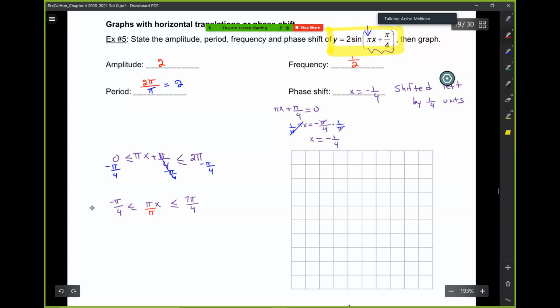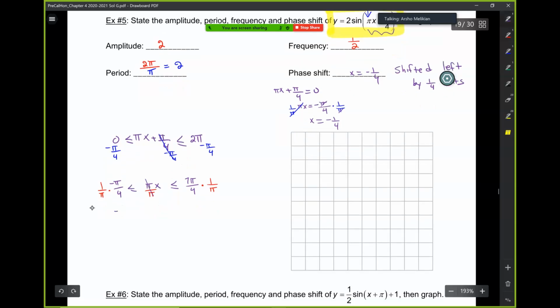I'm going to divide by pi. That's like multiplying by 1 over pi. And I'm going to get negative 1 over 4, x, and 7 over 4.